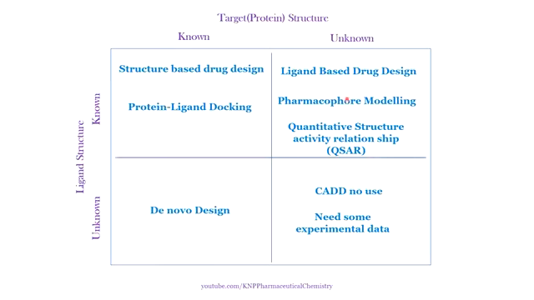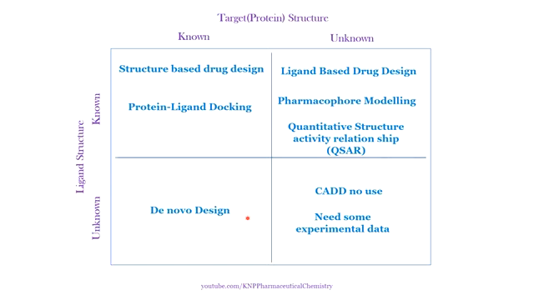The second category is where the protein structure is not known whereas the ligand structure is known. Then we go for ligand based drug design, or pharmacophore modeling and QSAR, and recently QSPR is also very famously heard for identifying ADMET properties. If we know the target protein structure but we don't know the ligand structure, then we can go for fragment based drug design, which is also called de novo drug design.